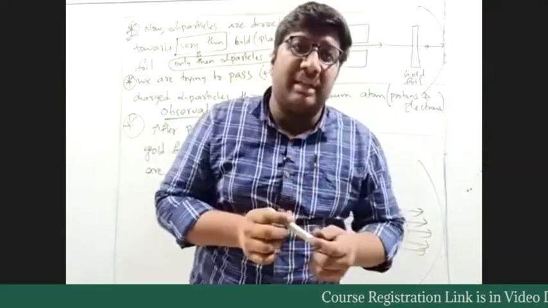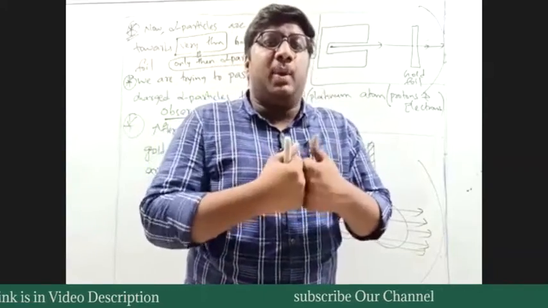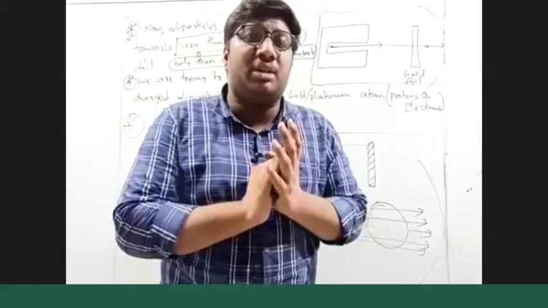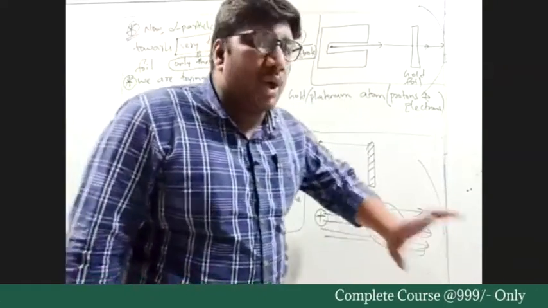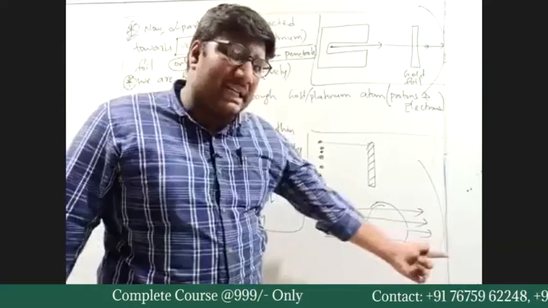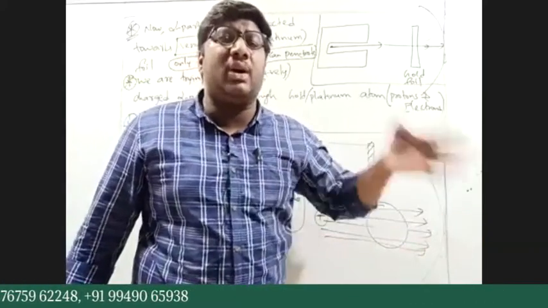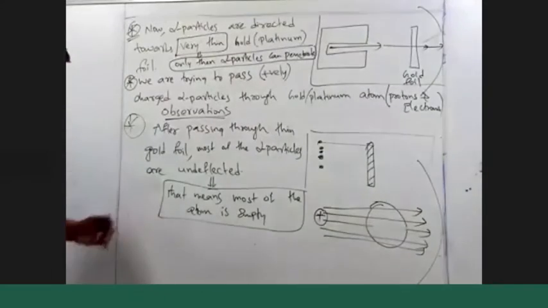I think you have done many experiments with magnets. You cannot bring like poles together, that never occurs. Nature is not made like that. So positive repulsion is not experienced by many alpha particles. Many alpha particles pass through that atom without any deflection. That means most of the atom is empty.